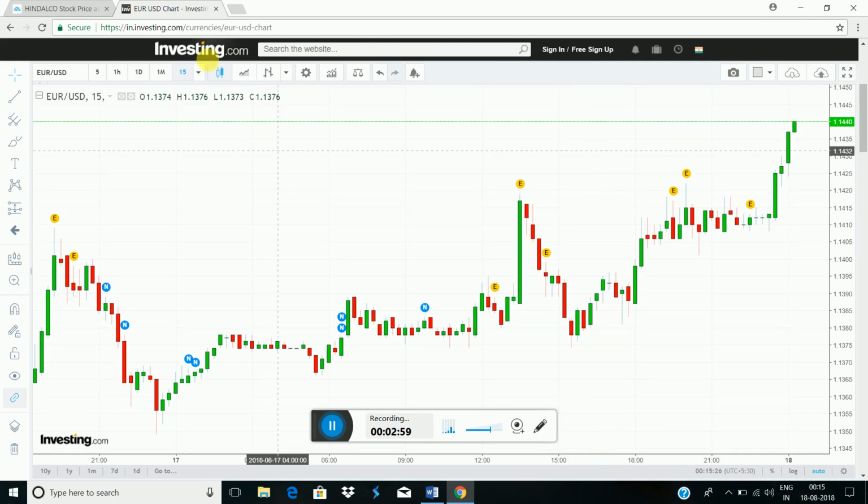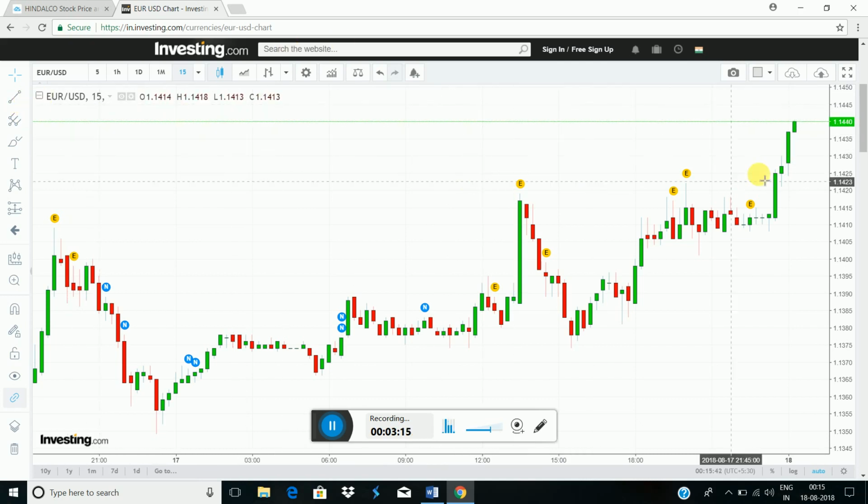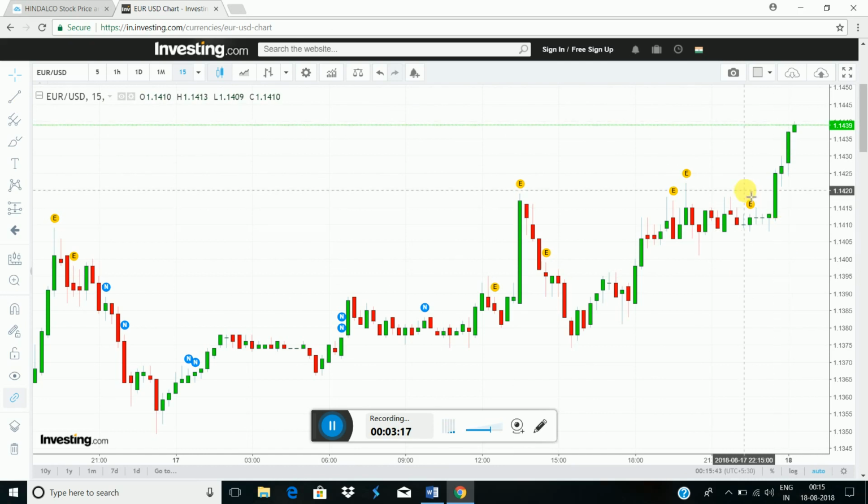So as you can see over here, the market is going up like anything. There is a very strong bullish momentum in the market, very strong bullish momentum. And we're going to be discussing how you can time this thing properly and you can take an advantage of such a big bullish move.